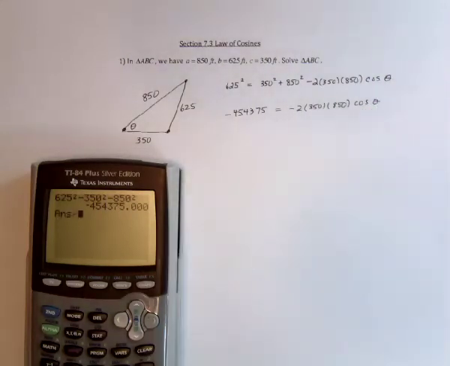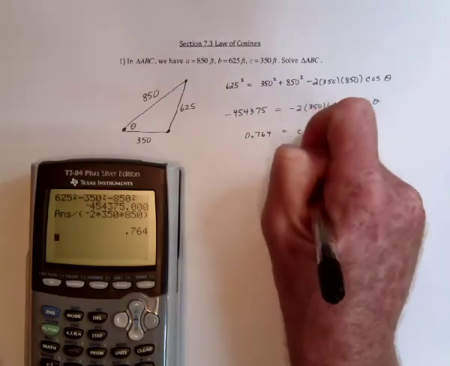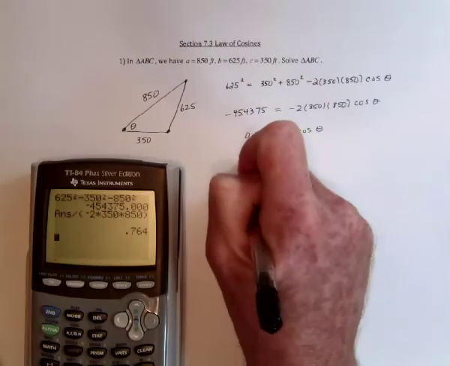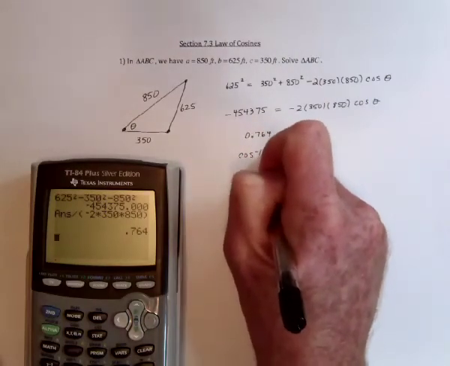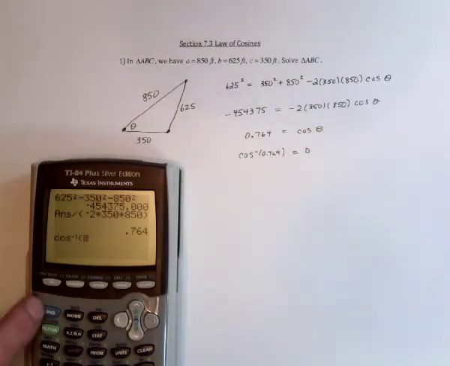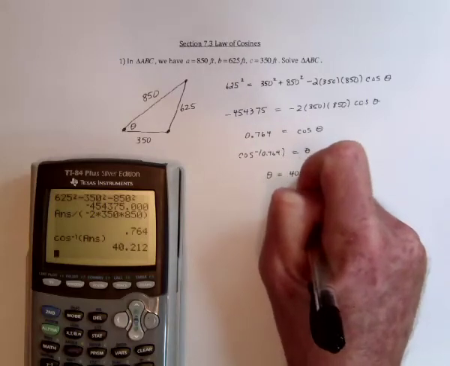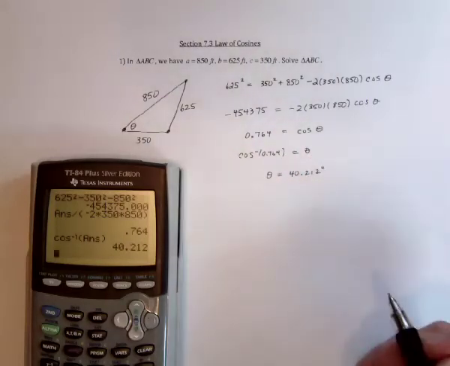So now divide that by a negative 2 times a 350 times an 850 and put it in parentheses so that it's all in the denominator. And 0.764, and then take cosine inverse of that. So cosine inverse of my last answer, so the theta is 40.212 degrees.